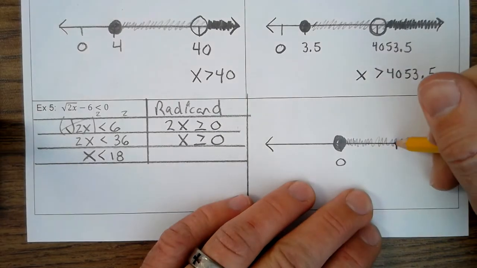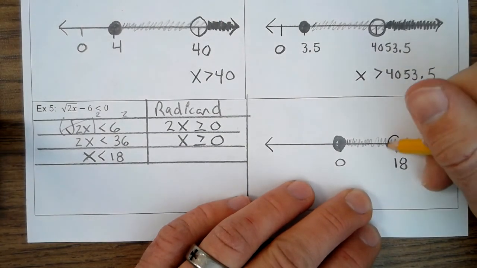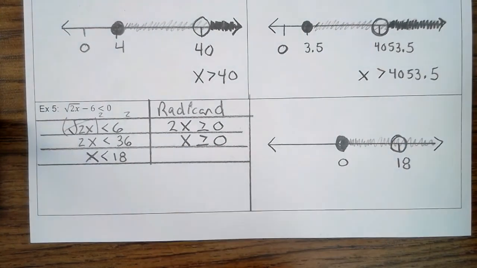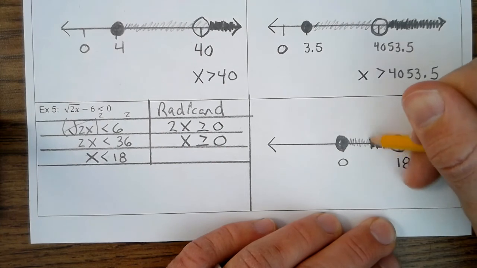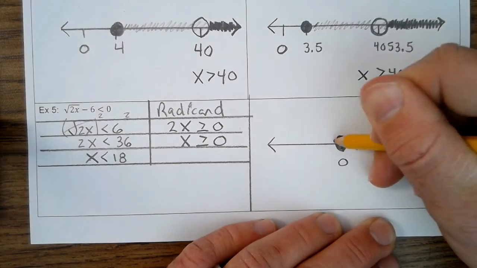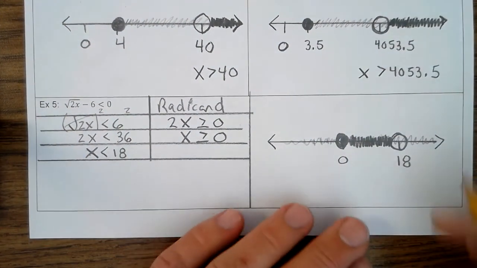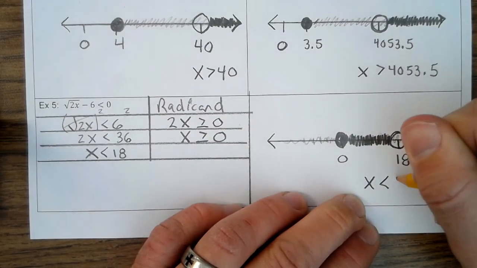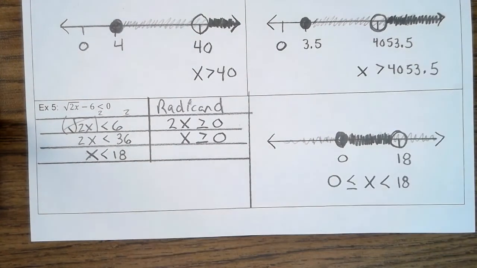And then 18 is an open circle. It's less than, so we shade to the left. And we shade only the overlapping region. So our solution is x is less than 18, but greater than or equal to 0.